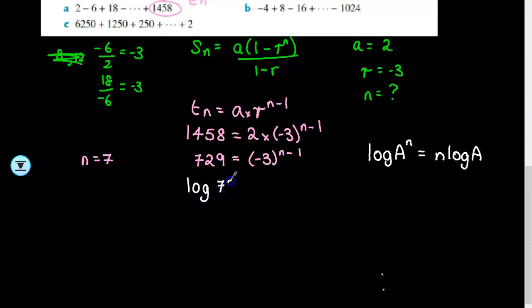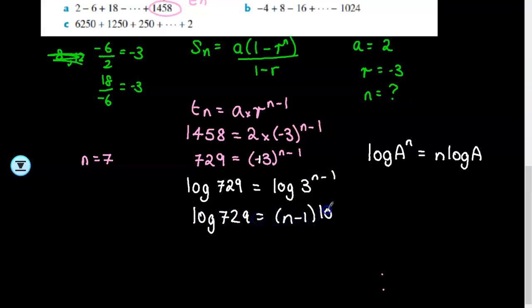So we log 729. We're ignoring that bit there, right? Is going to be log 3 to the n take 1, log 729. We can bring this down so it becomes n take 1 times log 3. Remember, log 3 is just a number.